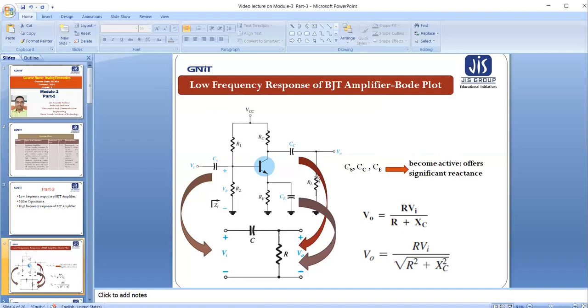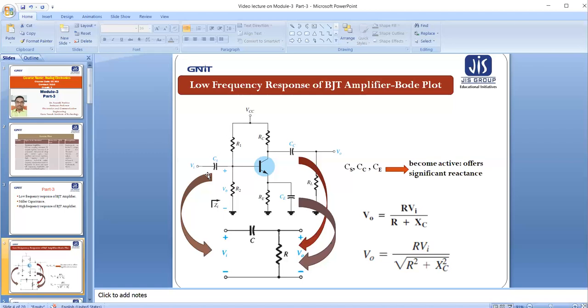Now in this circuit, the three external capacitors, that is Cs, Ce and Cc, are basically dominant in low frequency analysis because the values of the capacitors are sufficiently high. So in low frequency response, what happens?